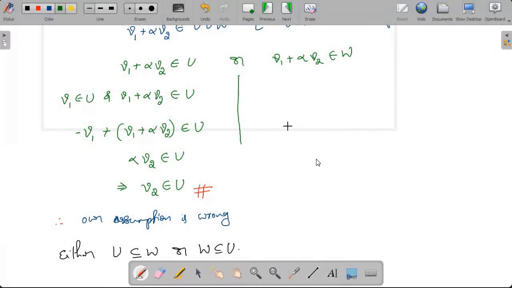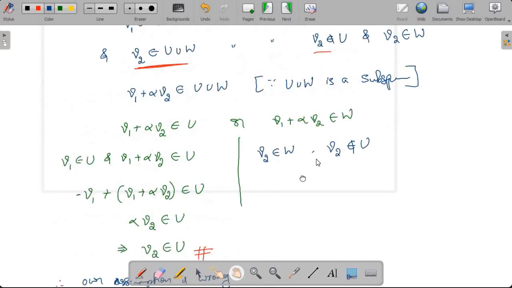Okay, let us try the other side also. If V1 plus V2 is an element of W, then you know V2 is an element of W. And one more thing you know about V2: V2 doesn't belong to U. That is how we have chosen, no?